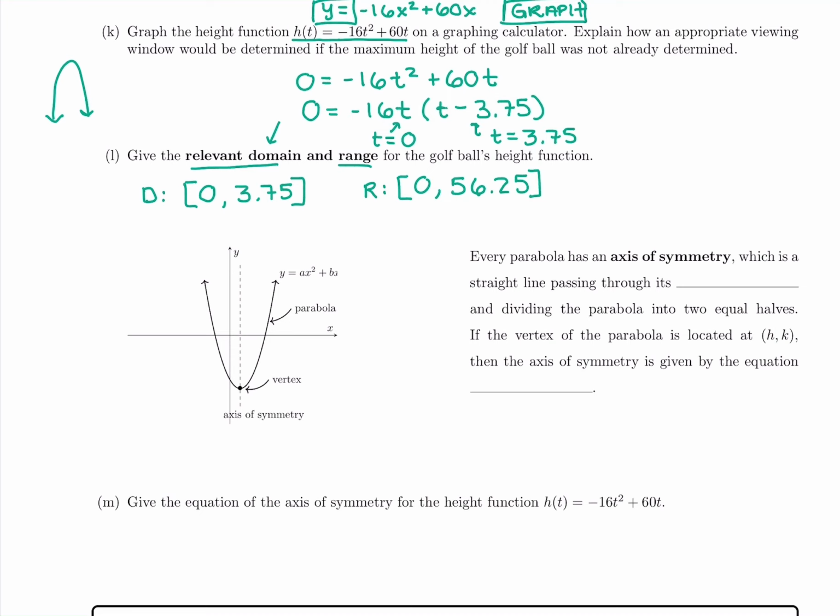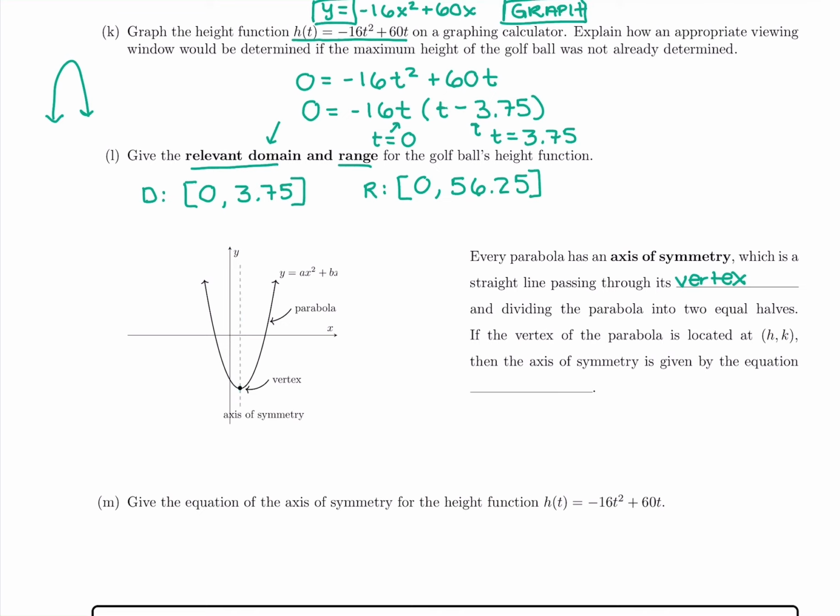Every parabola has a line of symmetry, or an axis of symmetry, which is a straight line that passes through its vertex. So if the vertex is located at (h, k), then the axis of symmetry is a vertical line. If we think about any vertical line, what stays the same on a vertical line? The x value or the y value? Well, the y value goes up and down.